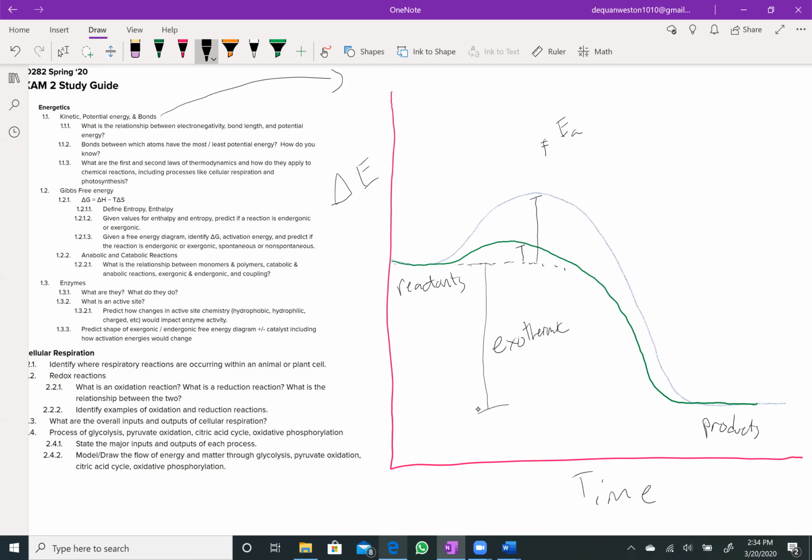The enzyme is going to facilitate this reaction, and it's going to lower the energy of the transition state. This would be our circle and square kind of fusing. We'll draw it like that, and then this is the final product.